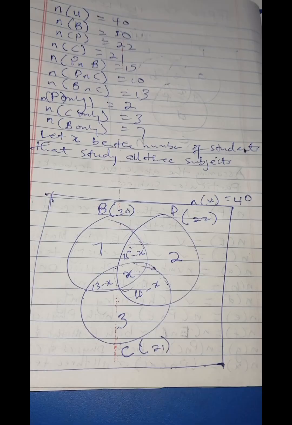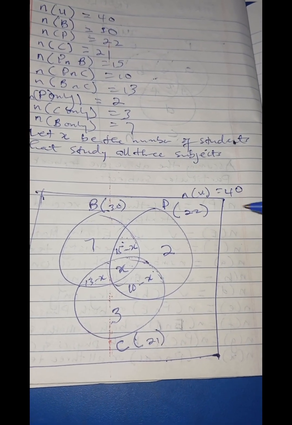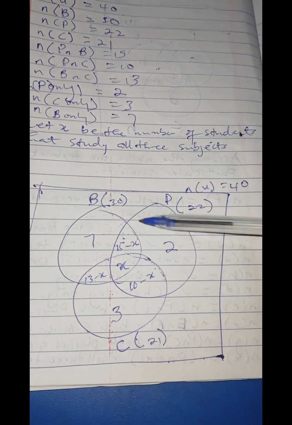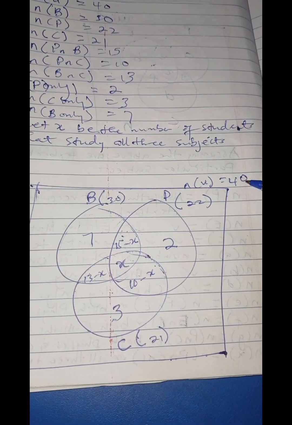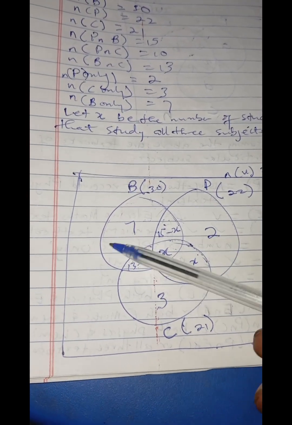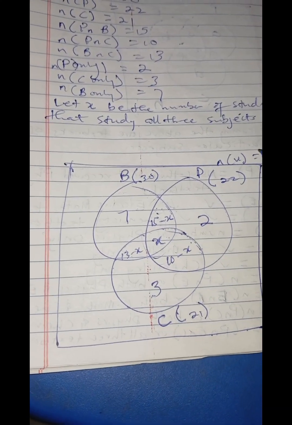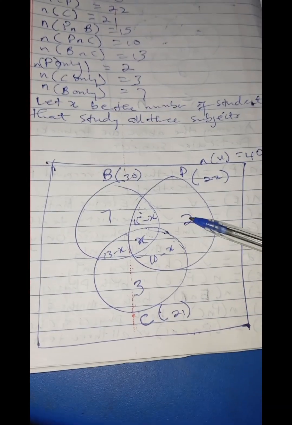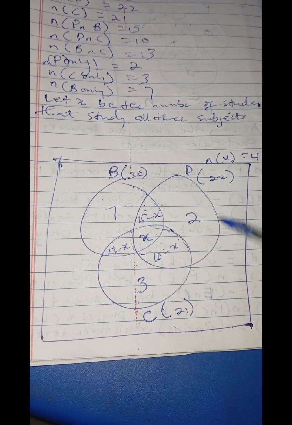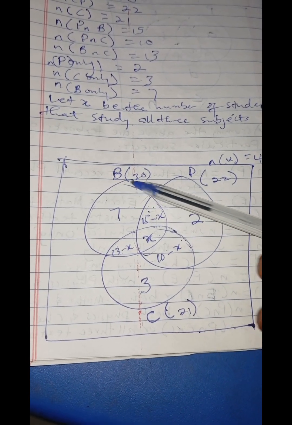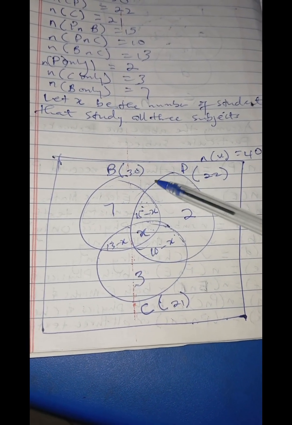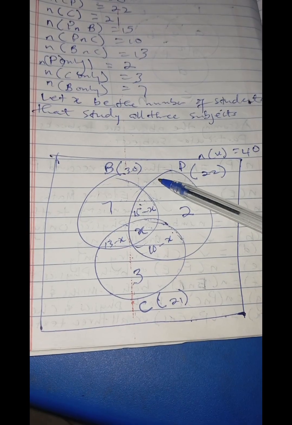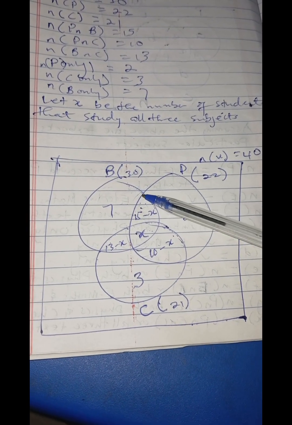Alternative B, just like we did for the 2-set problem in JHS. Now we'll add everything within the diagram and then equate it to the universal set, 40. Now mind you, if you are adding these 3 circles, let's say you take this circle and add everything within this circle, when you come to the second circle, make sure you do not rewrite anything you've used.